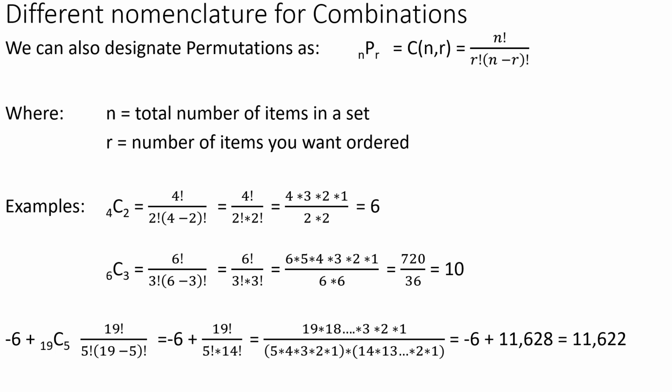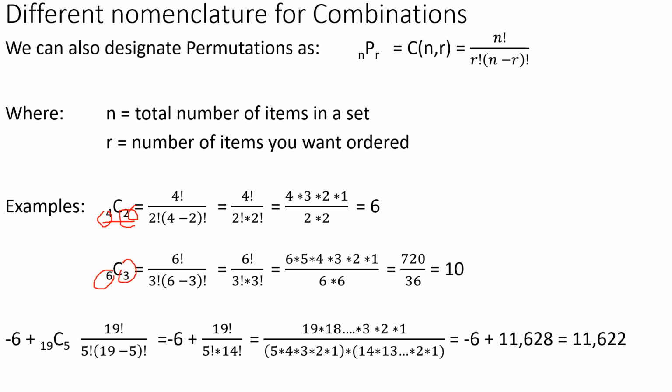Similar to permutations, we do have some nomenclature designations. And notice this is the same. It's 4C2: 4 is the total number of items in the set, 2 the number of items we want grouped. Here's 6C3: 6 items in the set, we're going to pull out 3. And it's the same as we've done before.